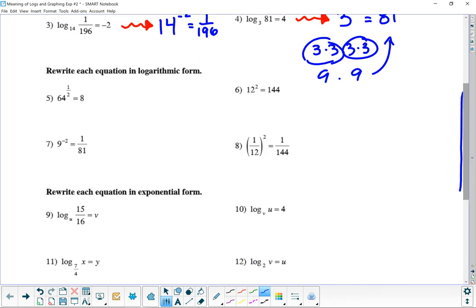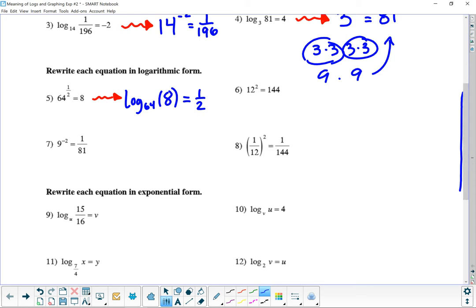Okay, second part, rewrite each equation in logarithmic form. And this is just going exactly the opposite. So if we have an exponential base 64, then we're going to end up with a logarithmic base 64. And then the 8 becomes the argument part, and the exponent, just like how we had before, goes on the other side of the equal sign, what the log is equal to.